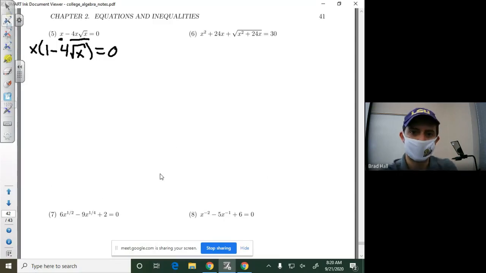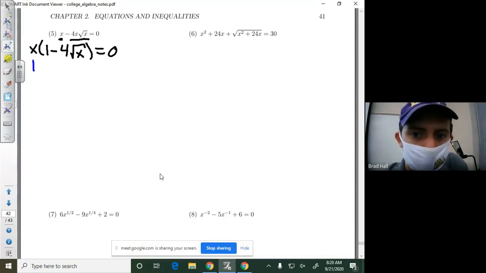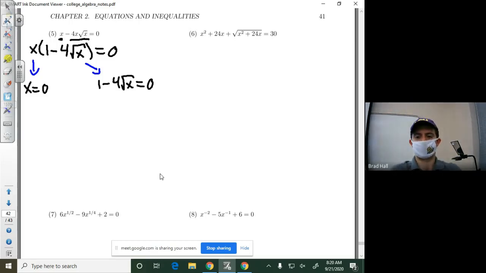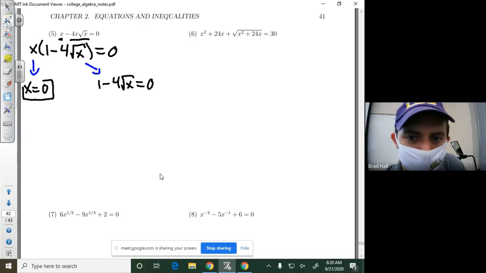And why is factoring so nice? It's because we can split up each factor equal to 0 on its own. Just like this. In other words, you don't have to use u substitution for this problem.